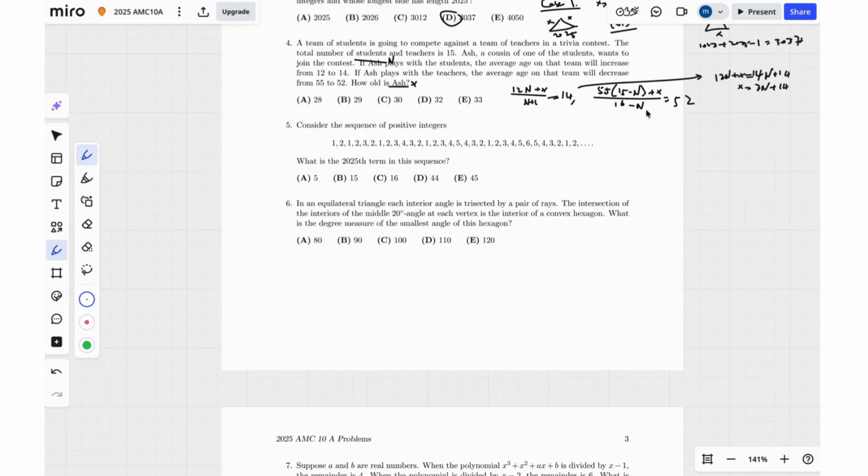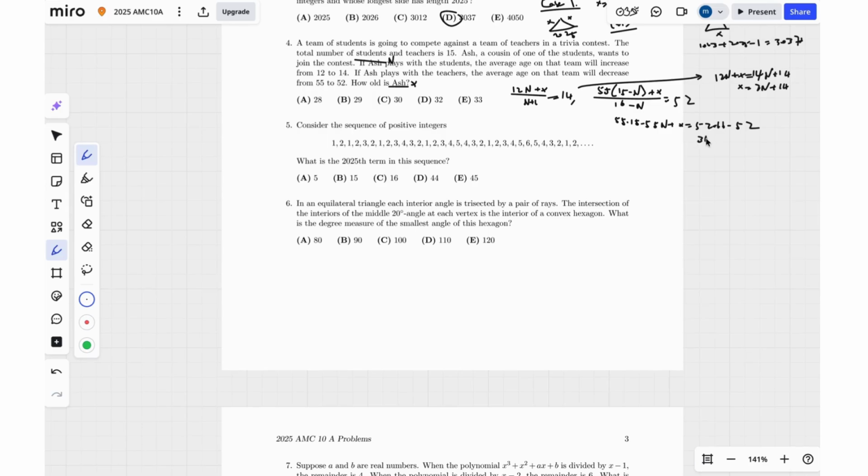Now we can solve this equation. So 55 times 15 minus 55n plus x equals 52 times 16 minus 52n.